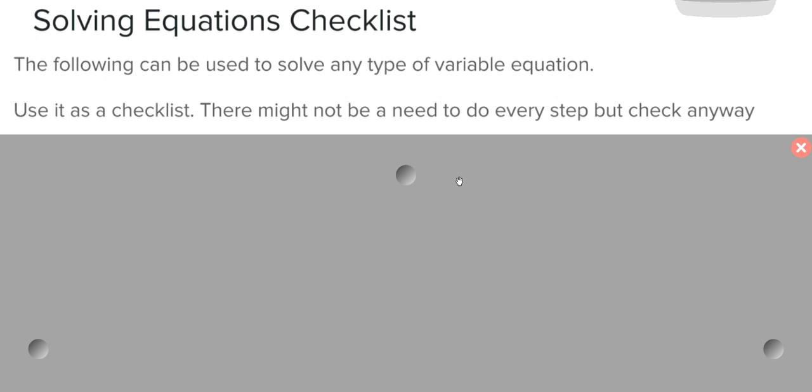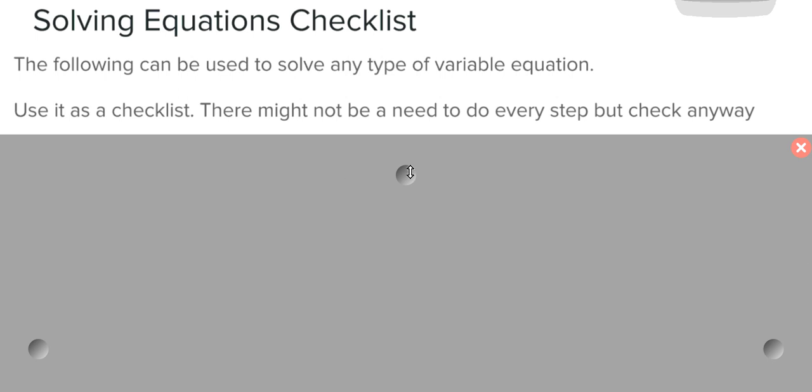You might not have to do this every single time, but you should be checking this every single time. And if you don't need to do it, you go on to the next step. If you don't need to do that one, go on to the next step. Some of these are going to look familiar because they're steps we've already got down. You're going to see things that look like the two-step equation, the one-step equation, and so on and so forth.